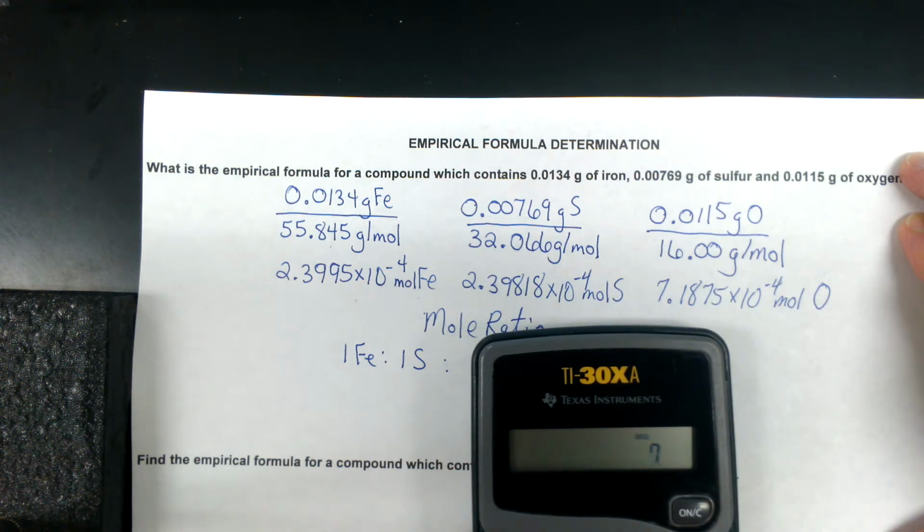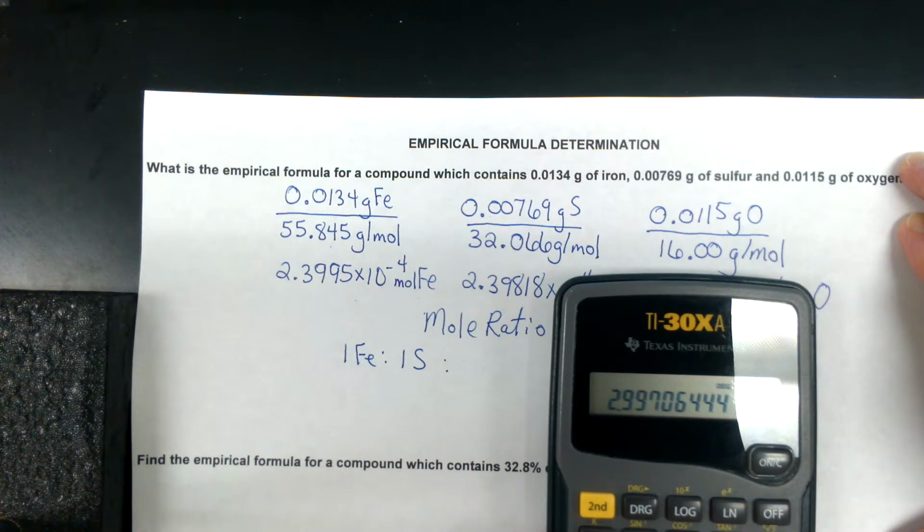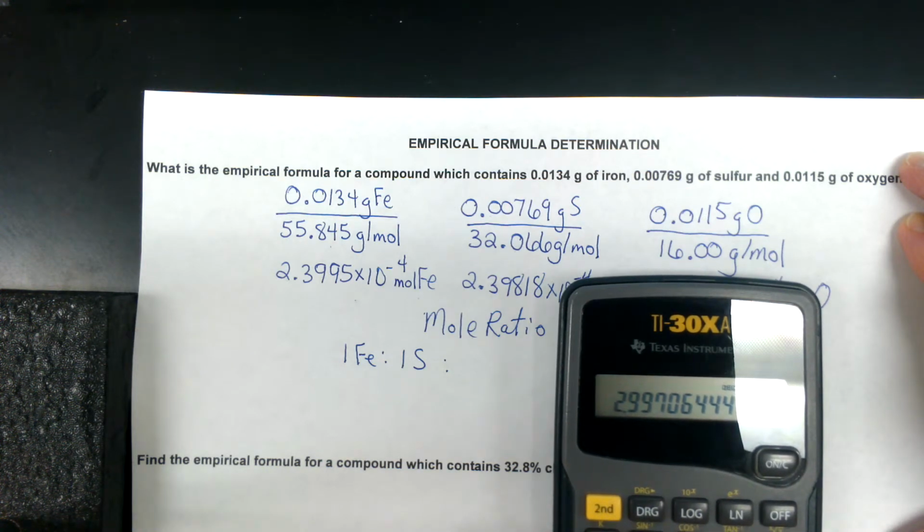So let's go 7.1875 times 10 to the negative fourth divided by 2.39818 times 10 to the negative fourth. See what that ratio is, and we can tell that the ratio comes out to be 2.997, which is 3.